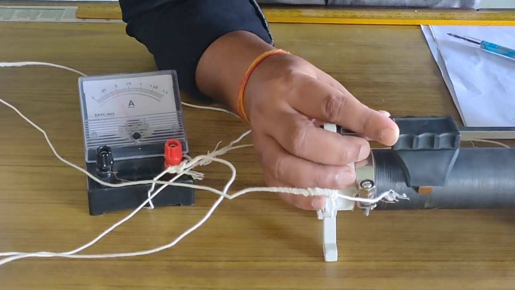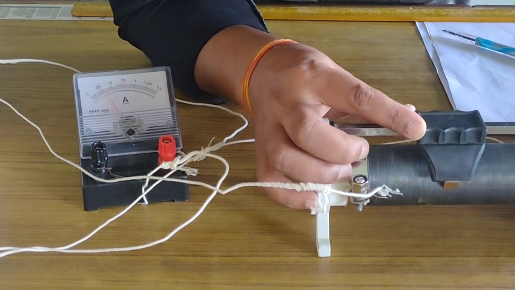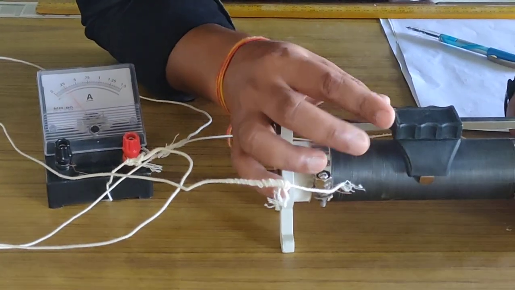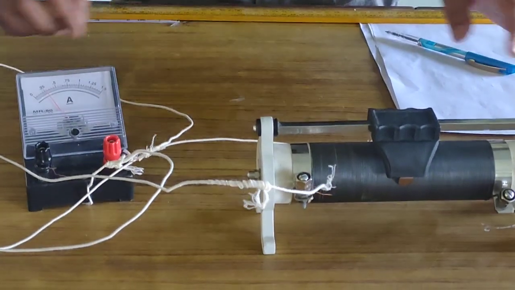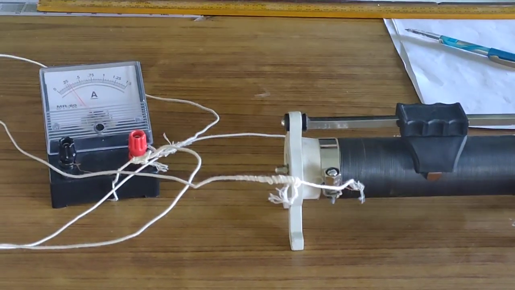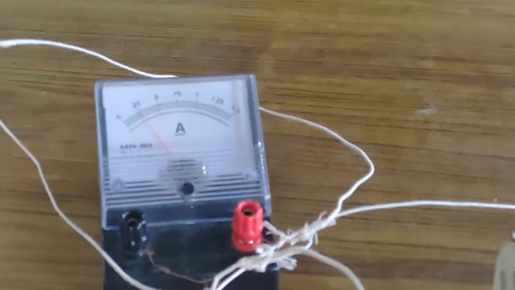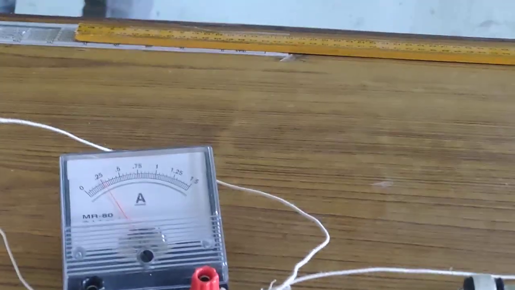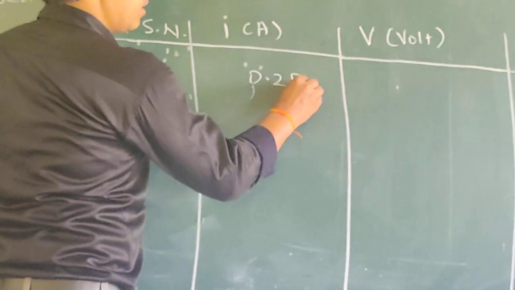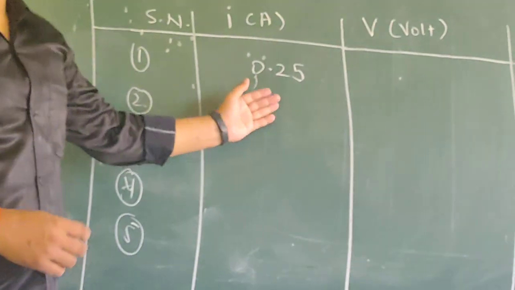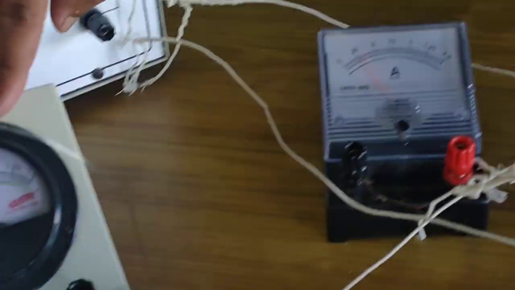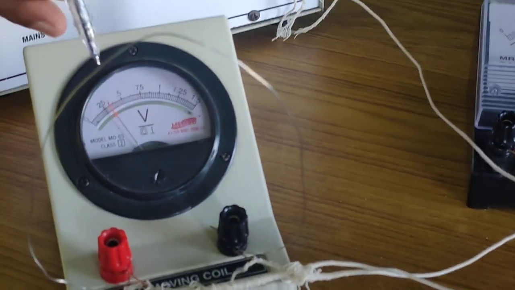So right now I am placing this value at 0.25 ampere. Okay. So the value of current, as you can see, is a constant value of 0.25 ampere, and corresponding to this 0.25 ampere we have the value of voltage. So how can we take the value of voltage?